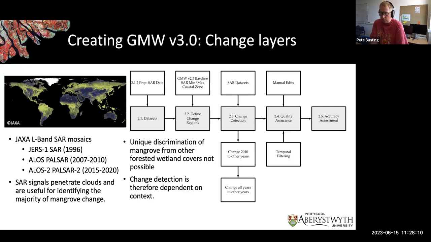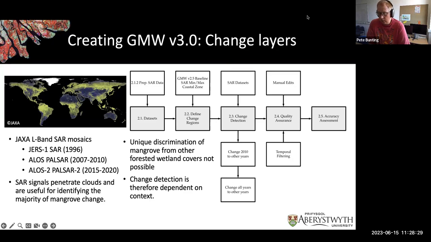In the version 3 maps that are currently publicly available, that's only been processed to 2020. We have data for up to 2022, and when we release the version 4 change layers, they will include up to 2022.